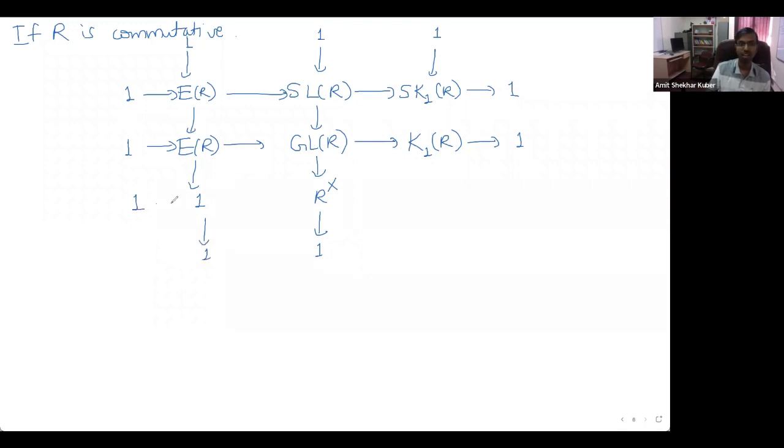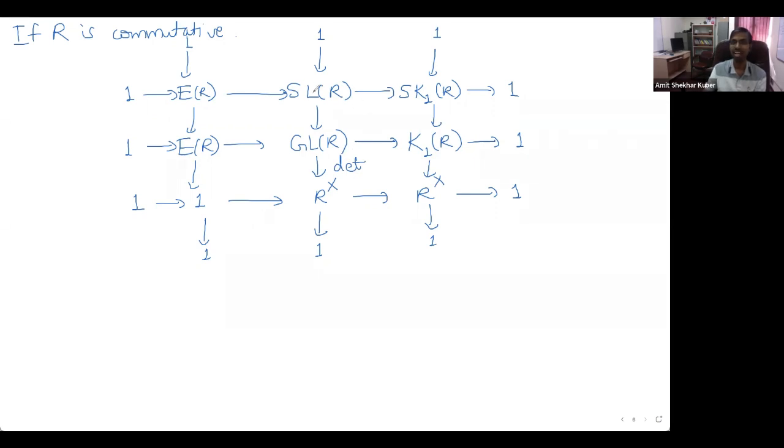This is the isomorphism, and this exact sequence is also there. If R is commutative, this particular map is the determinant map.